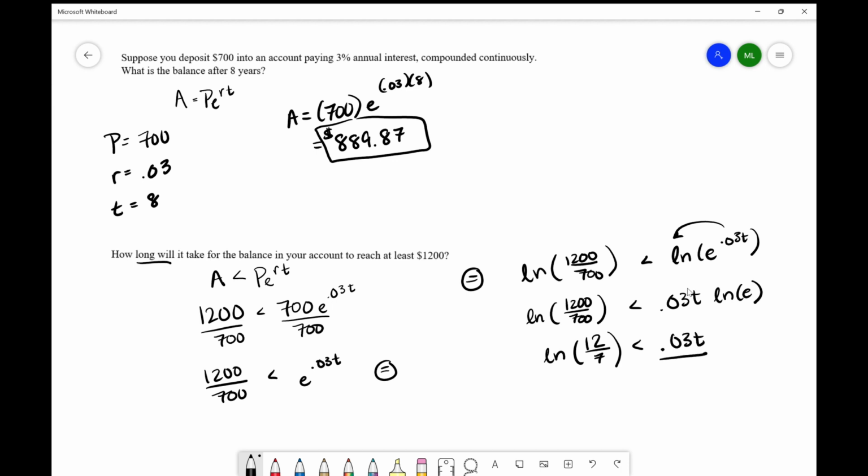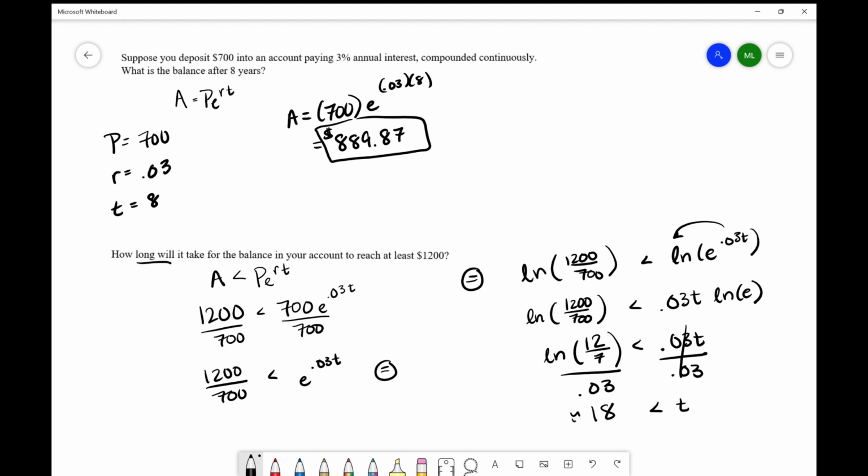And then finally, I will divide by 0.03 on both sides, and then I will finally have t by itself, and I'll have a constant on the left-hand side. So my constant on the left-hand side, I have natural log of 12 divided by 7, and then I will divide that whole thing by 0.03, and I will get about 18.